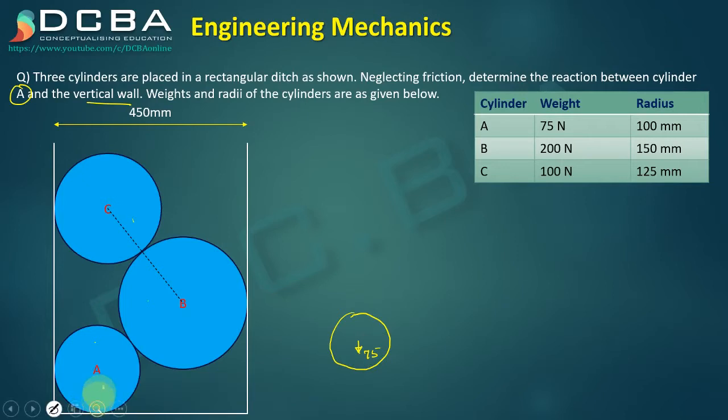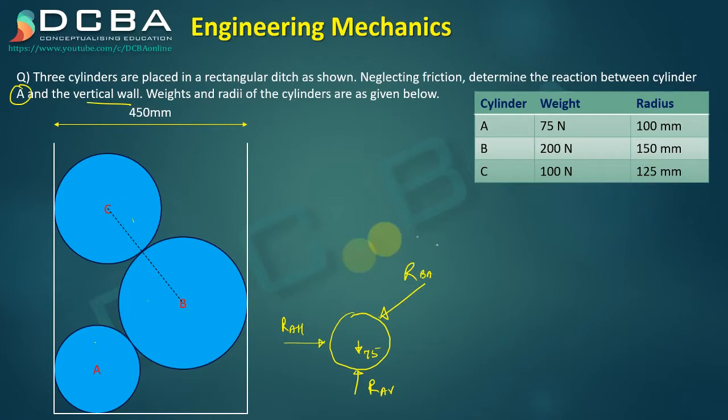We have a reaction from the bottom which I will call RAV, the vertical reaction. We have this reaction, I'll call it RAH. Then we have a reaction from the cylinder B, which I'll call RBA.